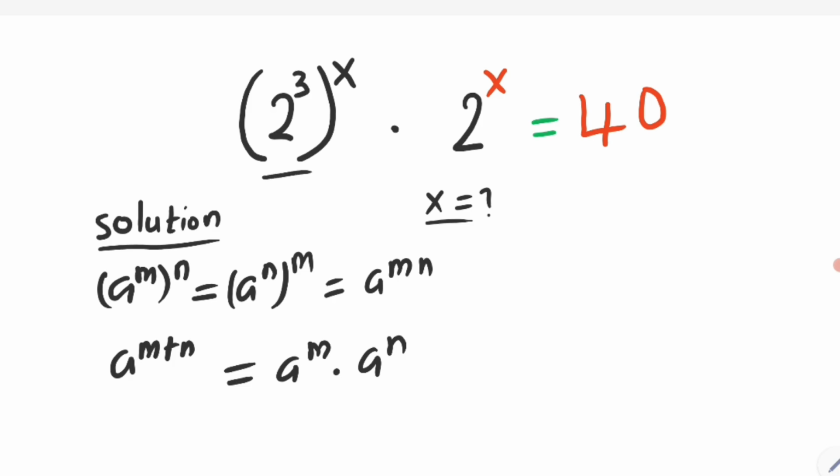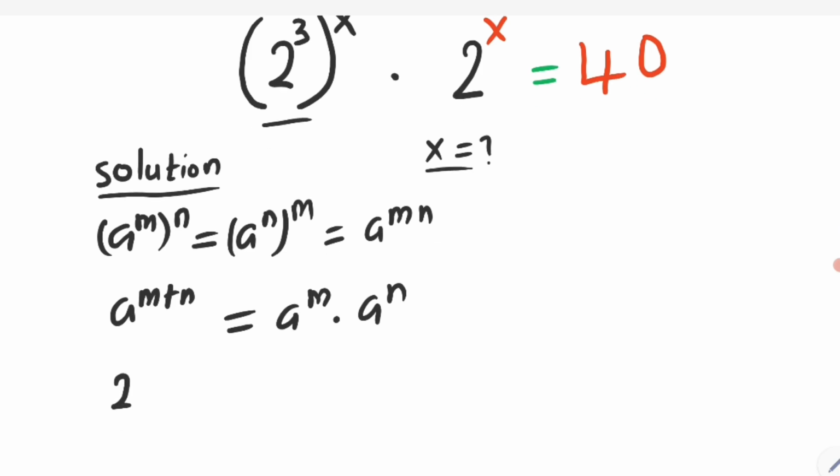Then this can be written as 2 raised to power 3 multiplied by x multiplied by 2 raised to power x is equal to 40.